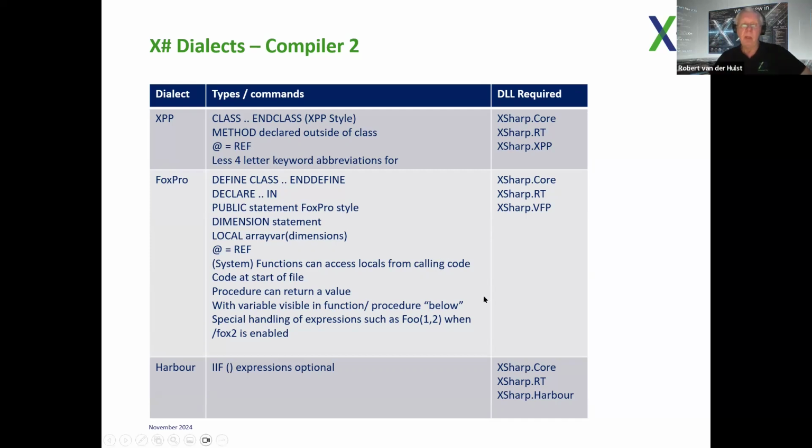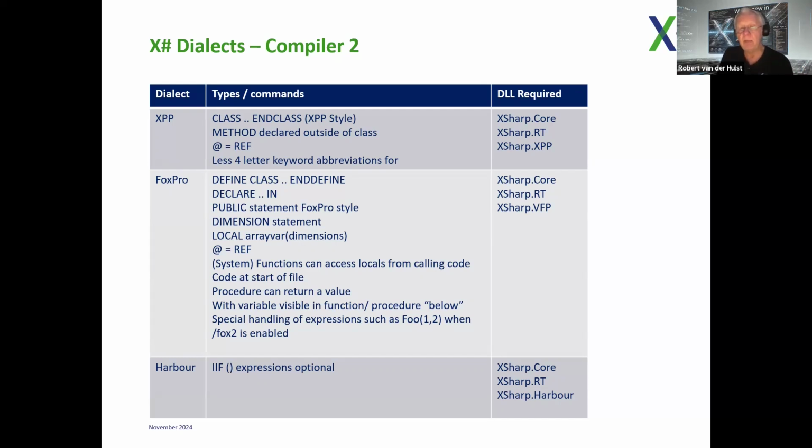Also, we have some special handling of expressions such as Foo(1,2). In FoxPro, if you read source code, you have no idea if Foo is a public variable that contains an array and you want element 1,2 from the array, or if Foo is a function and you want to call it with two parameters. That is dirty.